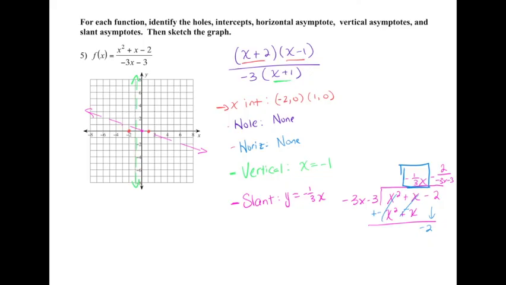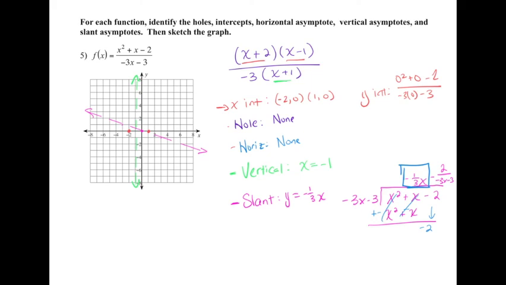I do actually have a y-intercept, okay? And I think on your test, I actually asked for y-intercept because it helps you in your graphing. So when you did x-intercept here, that was just your numerator. Y-intercept, you just plug a 0 in for all your x's. So you would say 0 squared plus 0 minus 2 over -3 times 0 minus 3.